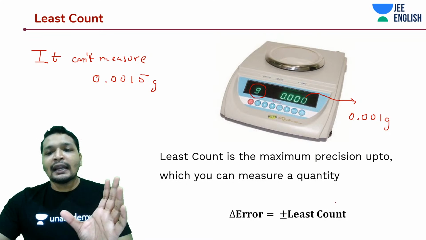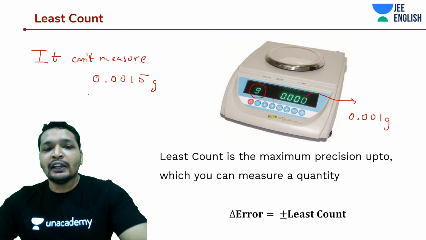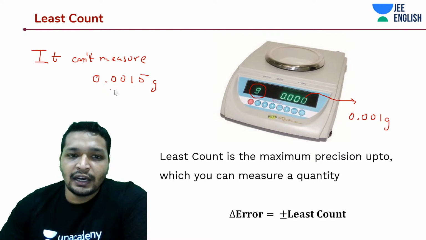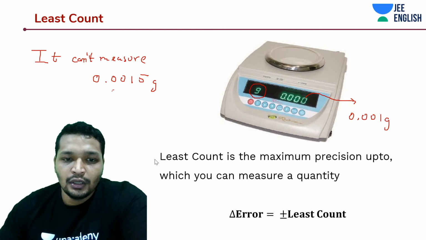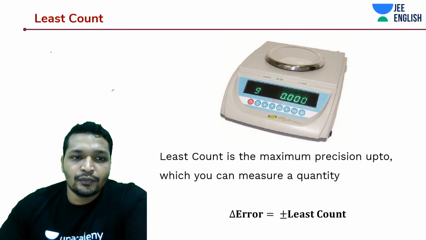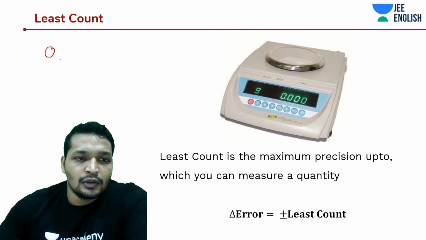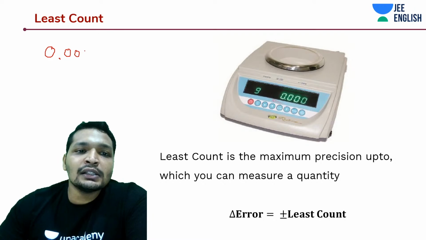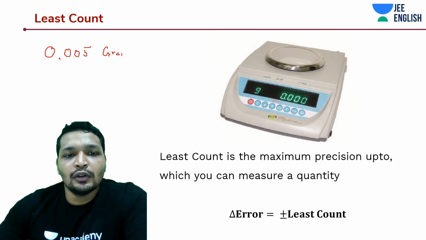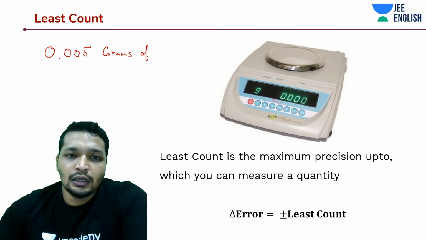So your error can lie. In this case, let's say I had to measure 0.005 grams of gold. Or else let's say we measured 0.05 grams of gold.